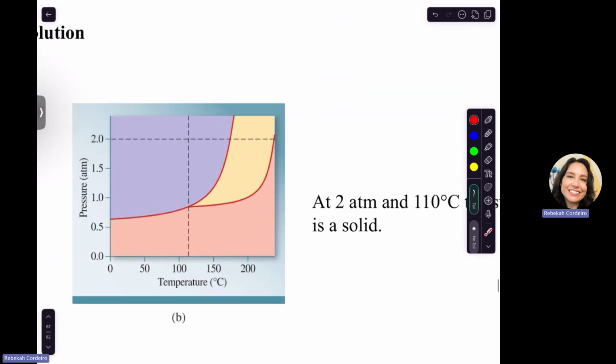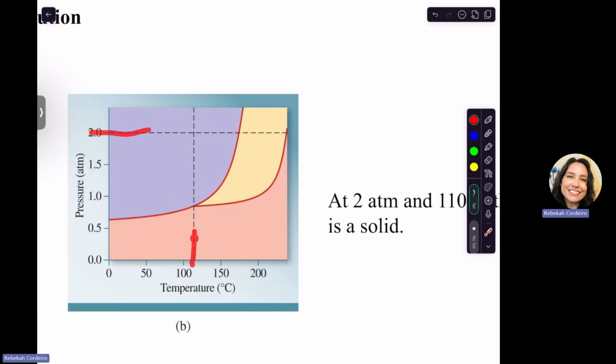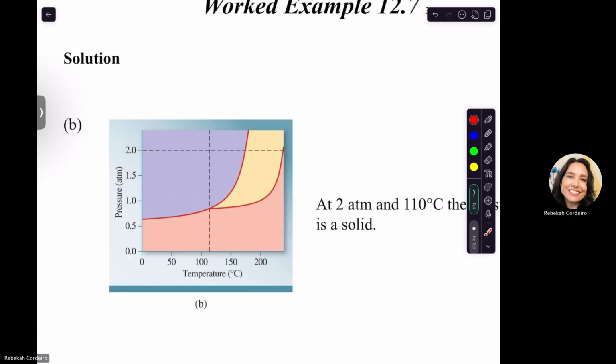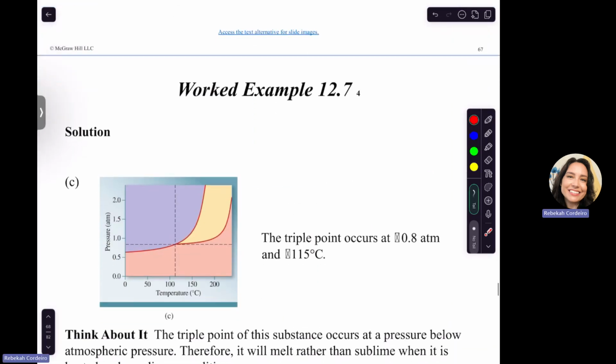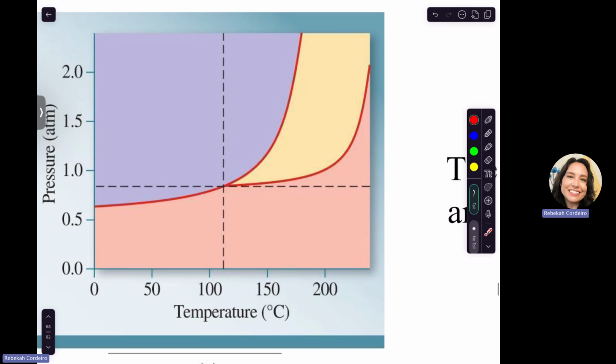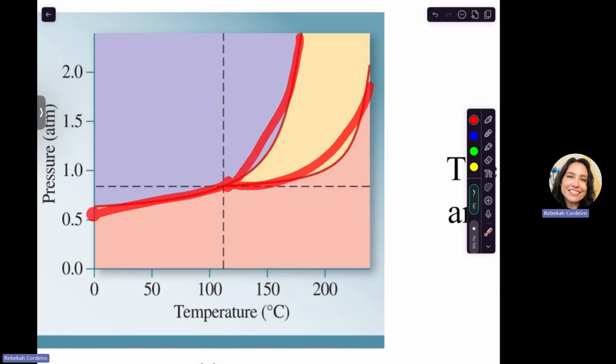At 2 atm and 110, we're just plotting right here. Where are we? We're solid, because it's solid, liquid, gas. Remember, liquid goes in the cup. And then where's the triple point? The triple point is the bottom of that wine glass, the bottom of that cup where it goes into the stem.